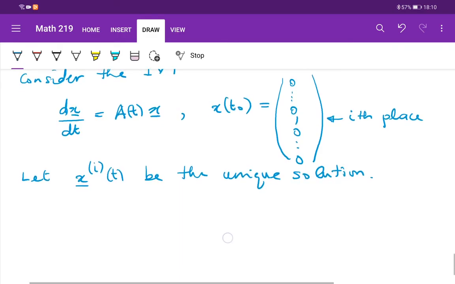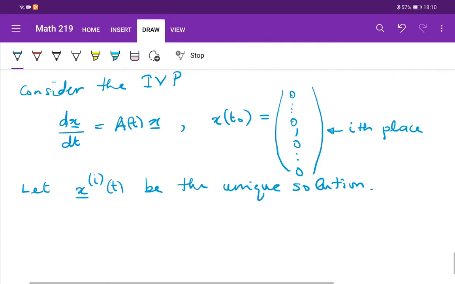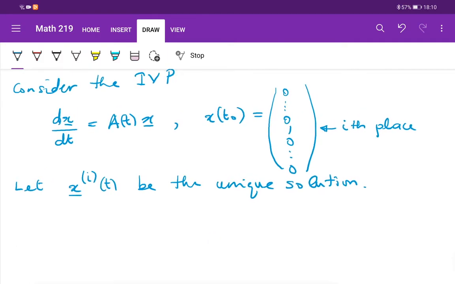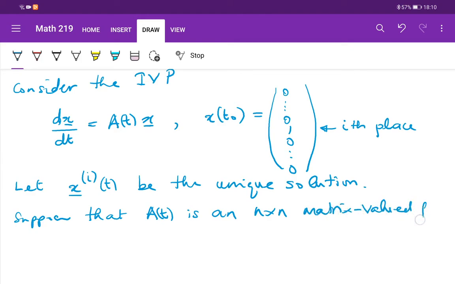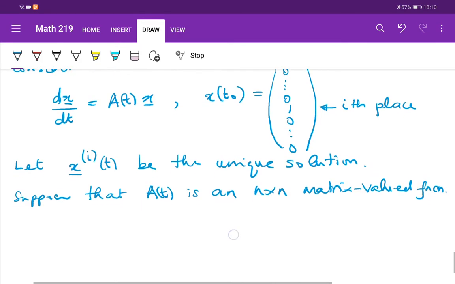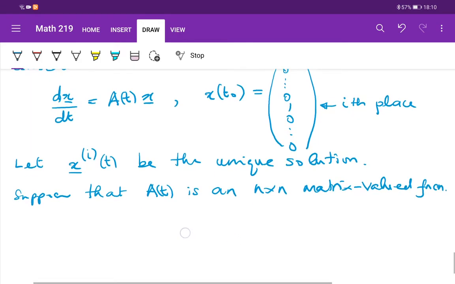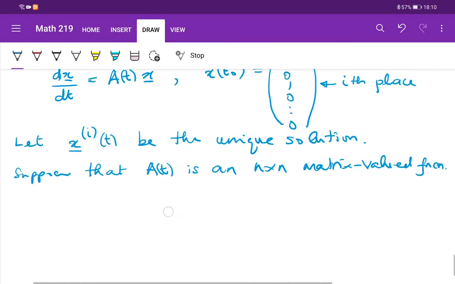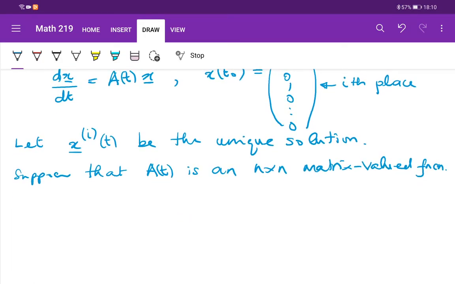In this way we get n solutions of our equation. Here we suppose that A(t) is an n by n matrix valued function. So we will get n solutions in this way, and what we claim is that these n solutions are linearly independent.